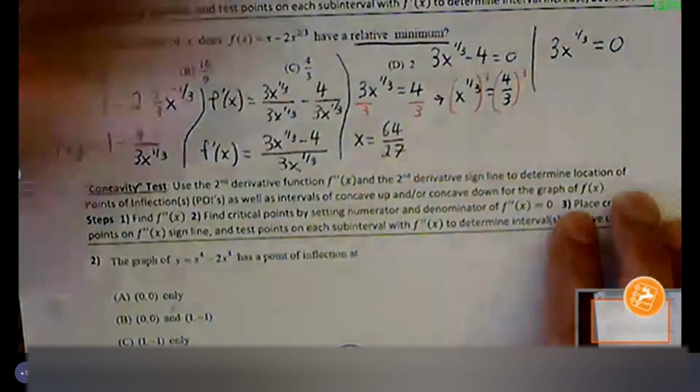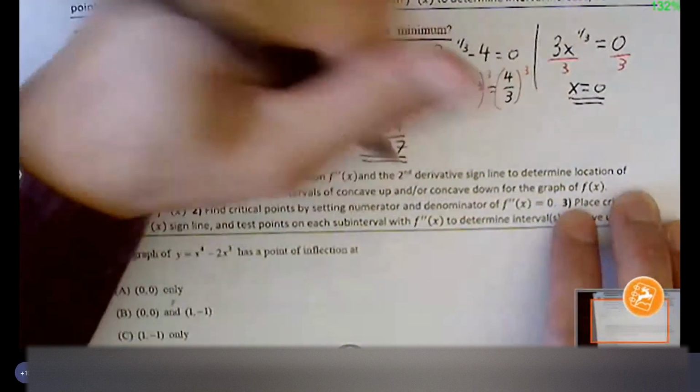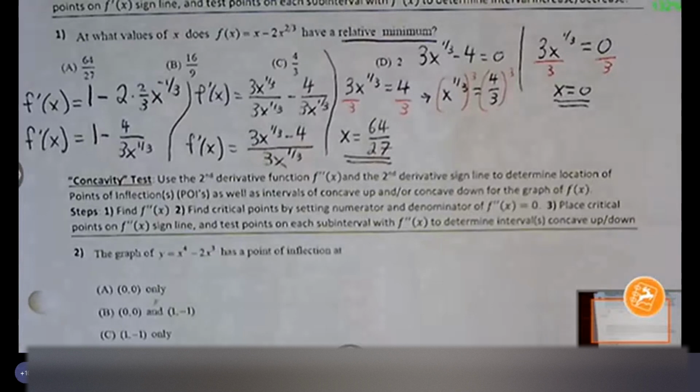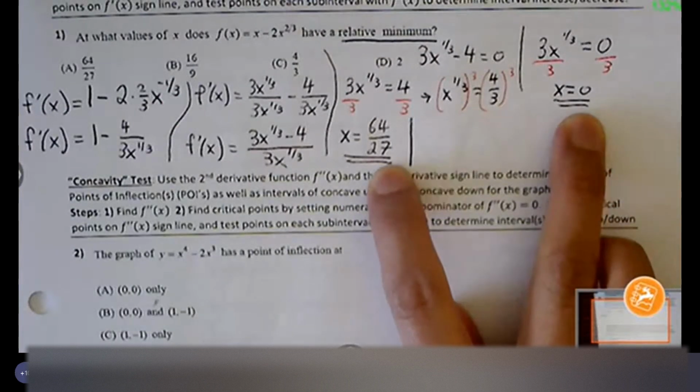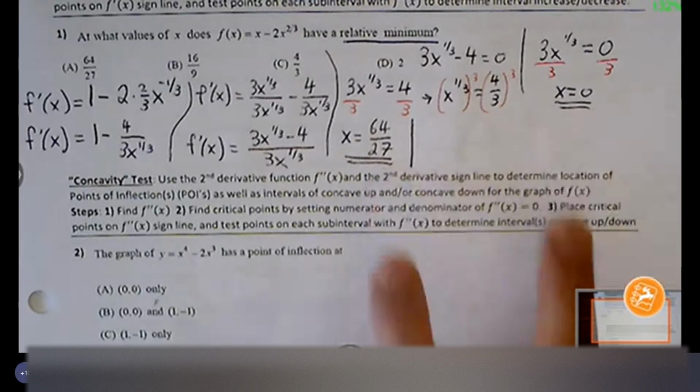And then over here, divide both sides by 3. And I just get x equals 0. So I have 2 critical points. So they're going to go onto my f prime sign line now.